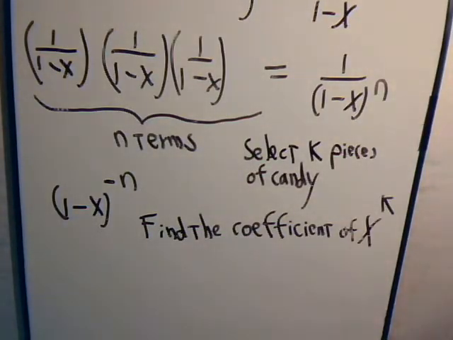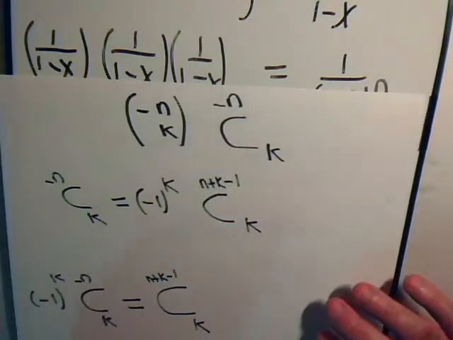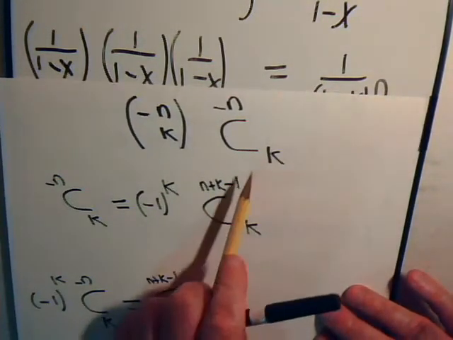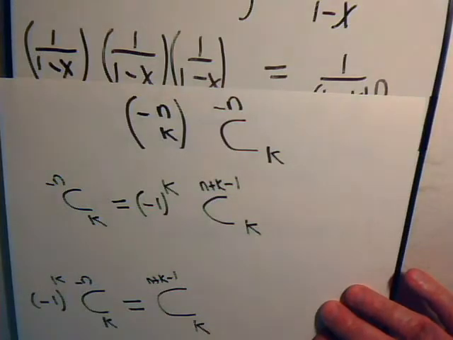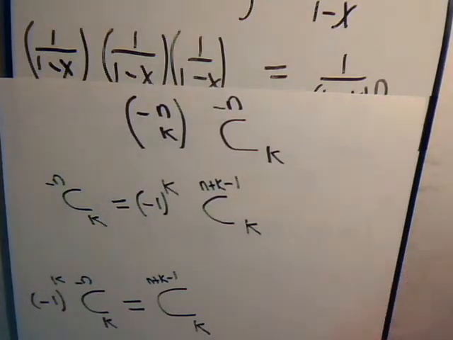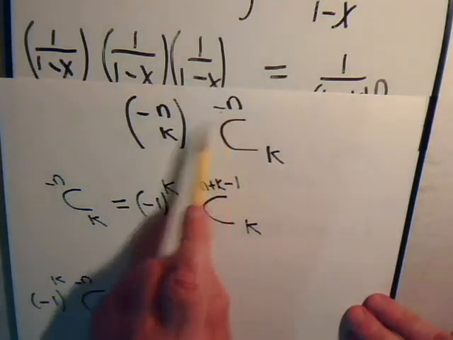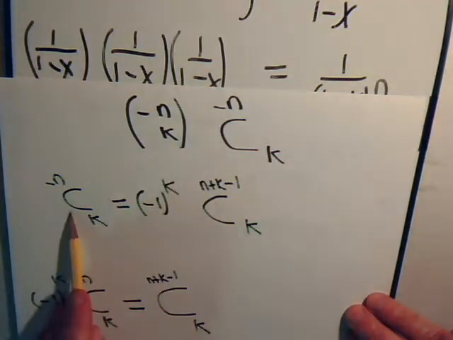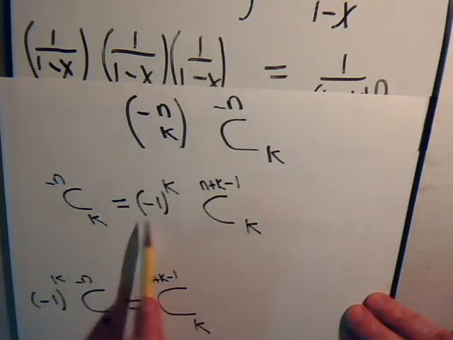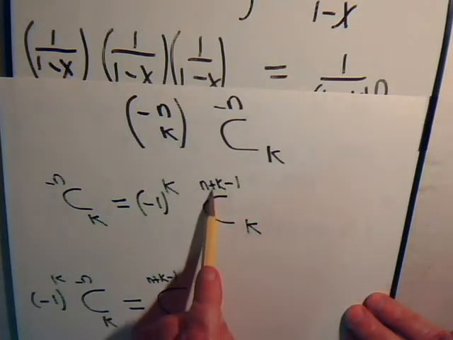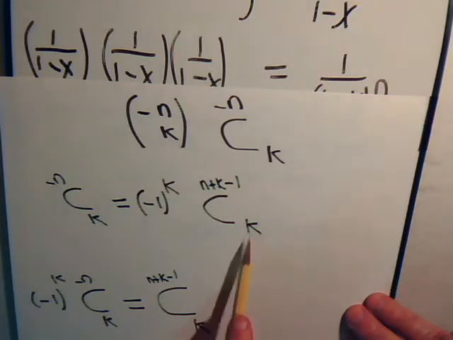But here now, this binomial coefficient minus n over k, as we noticed in the previous videos, we can denote it like this. What we showed in the previous videos is that this is equal to minus 1 to the k times C of n plus k minus 1 over k.